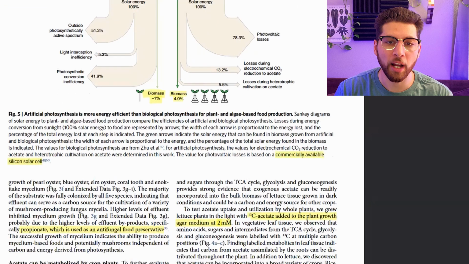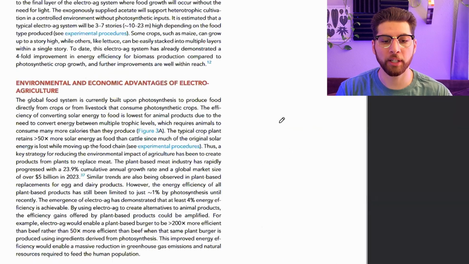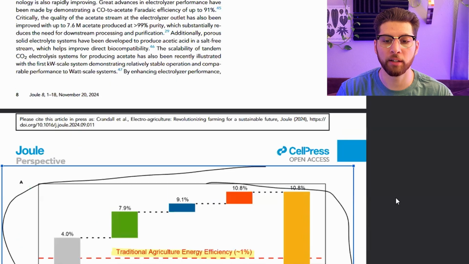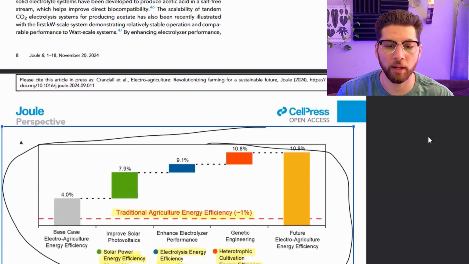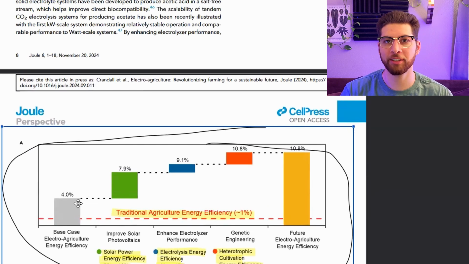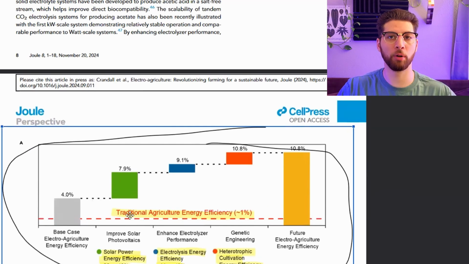So let's see where the potential is now, like what we can improve upon, and where the future is going, right? So this graph here, I think, demonstrates really well what we can do in the future. So right now we have about 4% electroagriculture efficiency, or artificial photosynthesis efficiency. Down here is 1% traditional agriculture. Solar panels are going to get more efficient.